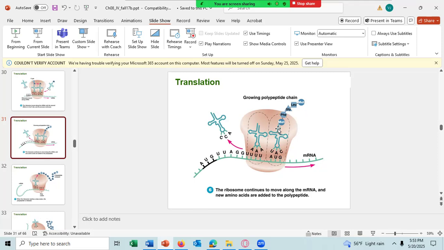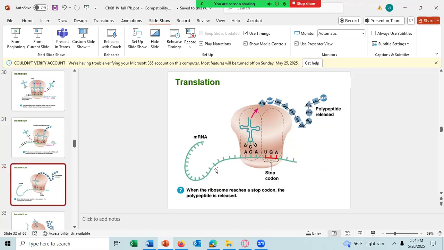It's actually coding for adding the amino acid methionine. Anyways, the ribosome continues moving down the messenger RNA, one codon at a time, allowing the tRNA to come in, bringing in the correct amino acid, which will then be added to the growing polypeptide chain. And this will happen until the ribosome reaches the stop codon.